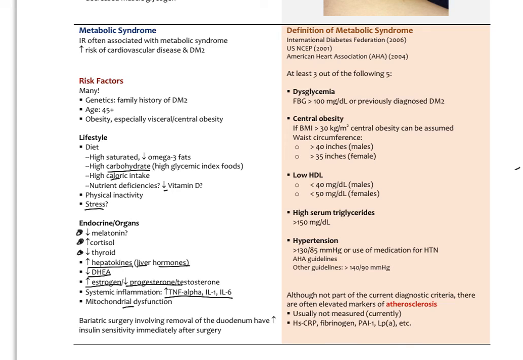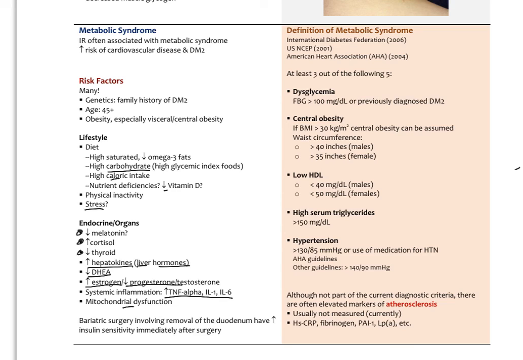So we think there might be duodenal proteins that are secreted that are inducing insulin resistance. And by bypassing the duodenum, that is improving it. So this would be some of those gastrointestinal hormones like cholecystokinin, GLP-1, GIP, and so forth. And so that's one other potential factor here.